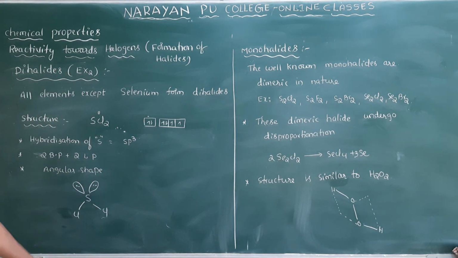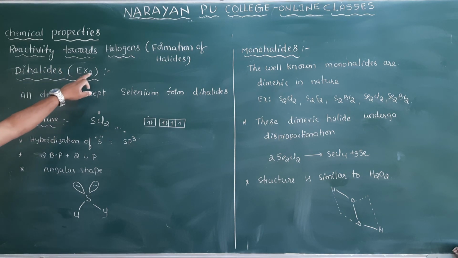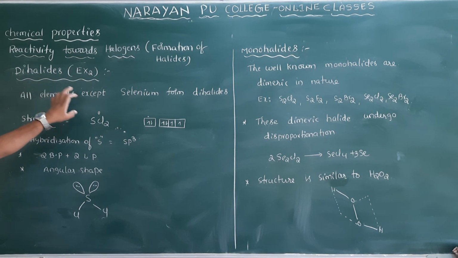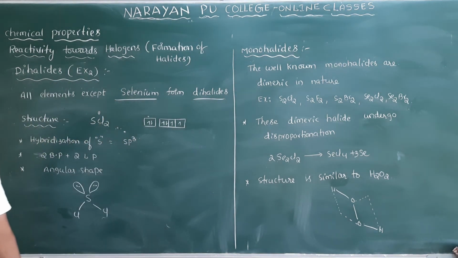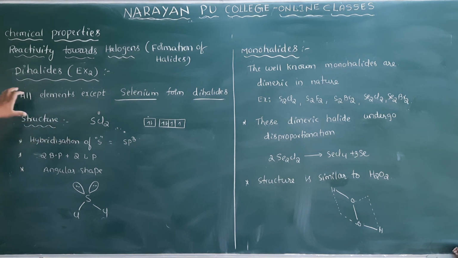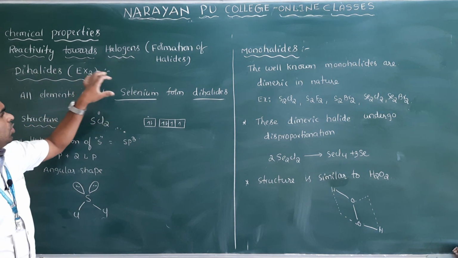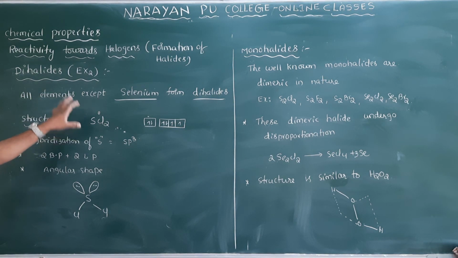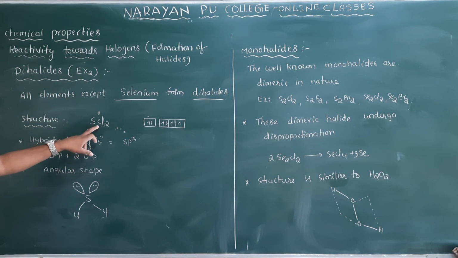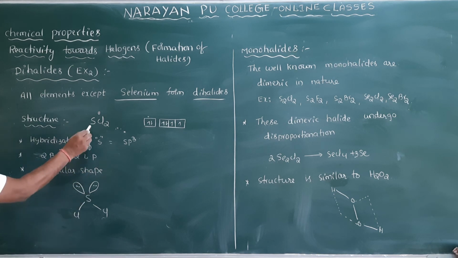So next one is dihalides, that is EX2, meaning all elements except selenium form dihalides. Remaining elements form dihalides. For structure, if I take one example here, SeCl2, so here you see what the hybridization is.